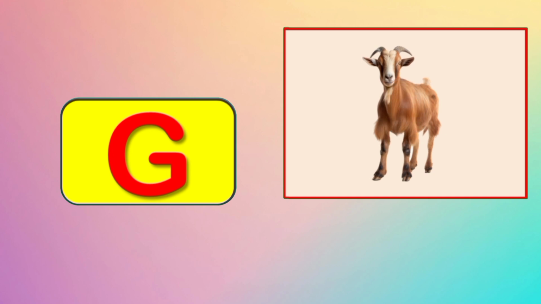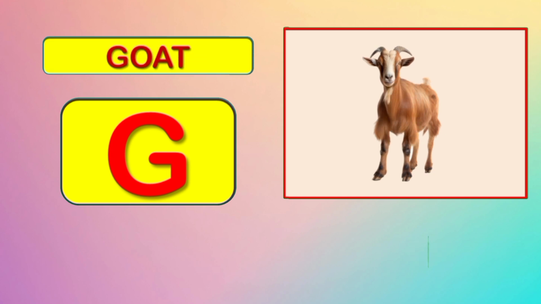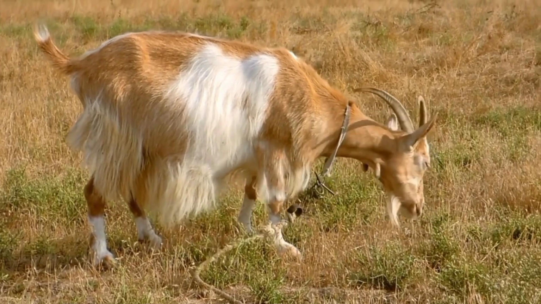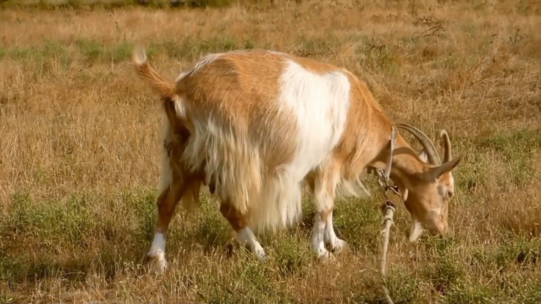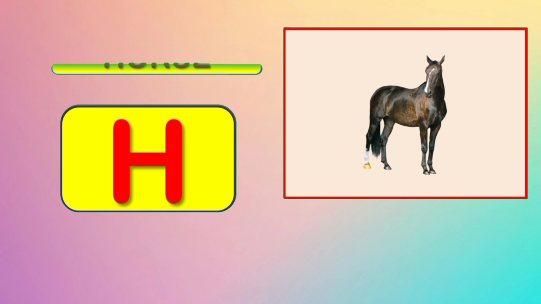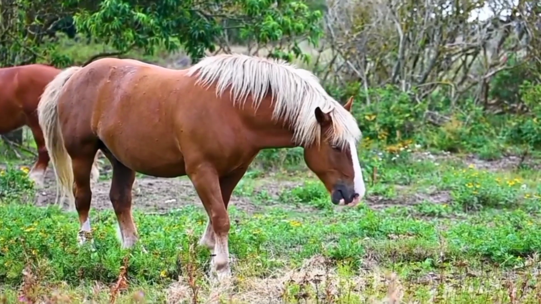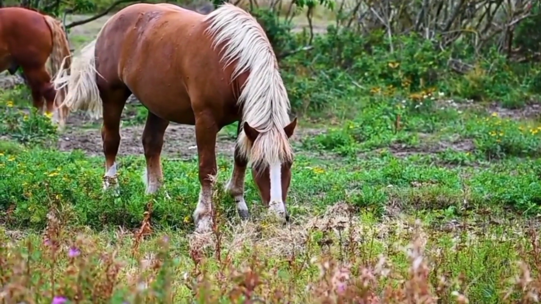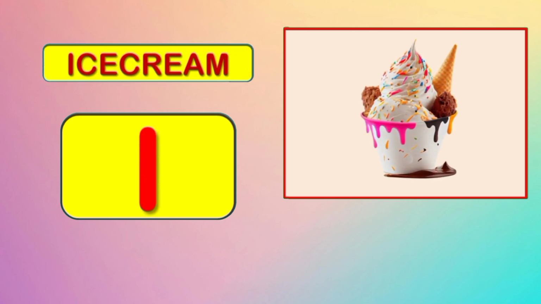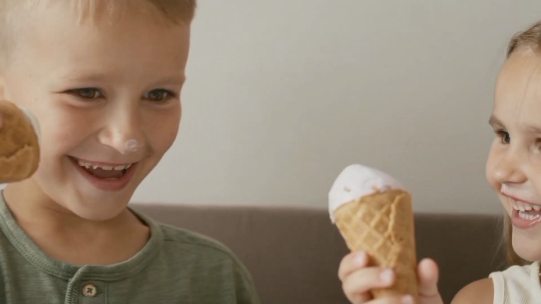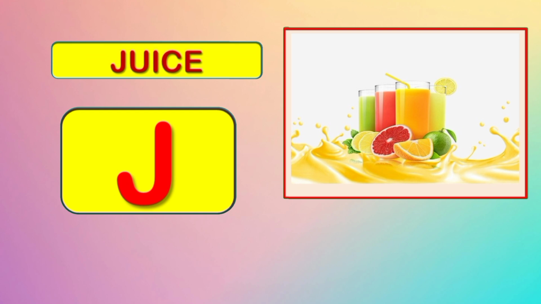G. G for goat. H. H for horse. I for ice cream. J. J for juice.